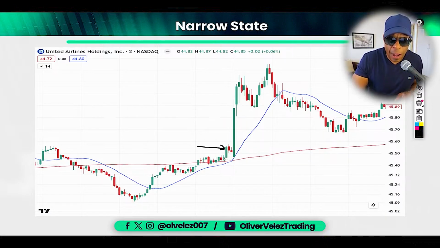Protection. Now, guys, in this case, my protection is not going to be under the bar. My protection in this case is going to be under the narrow state. I don't want to be under the bar if the stop out is right at the narrow state. So if the bar is up here and I'm entering, then my stop is there because the narrow state is here.